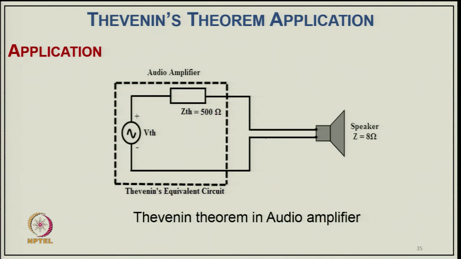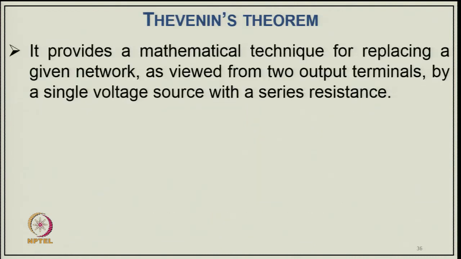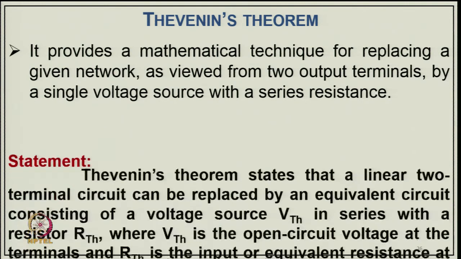This is quite a complicated audio amplifier circuit, but we can represent it as an equivalent Thevenin voltage source and Thevenin equivalent resistance. It provides a mathematical technique for replacing a given network, as viewed from the two output terminals, by a single voltage source with a series resistance or impedance, depending on whether you are applying it to an AC circuit or a DC circuit.